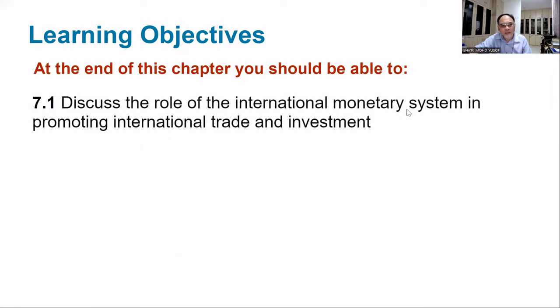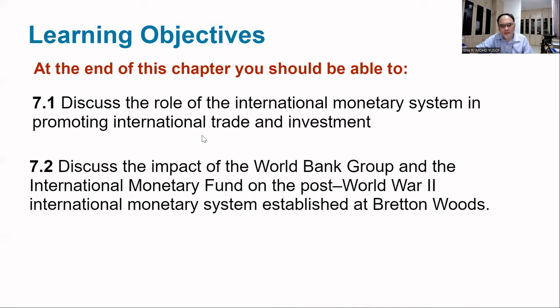So at the end of this chapter, you should be able to discuss the role of the international monetary system in promoting international trade and investment. It's a very important component of being able to do trade and investment effectively, efficiently, and to benefit all countries, all individuals, and all firms.